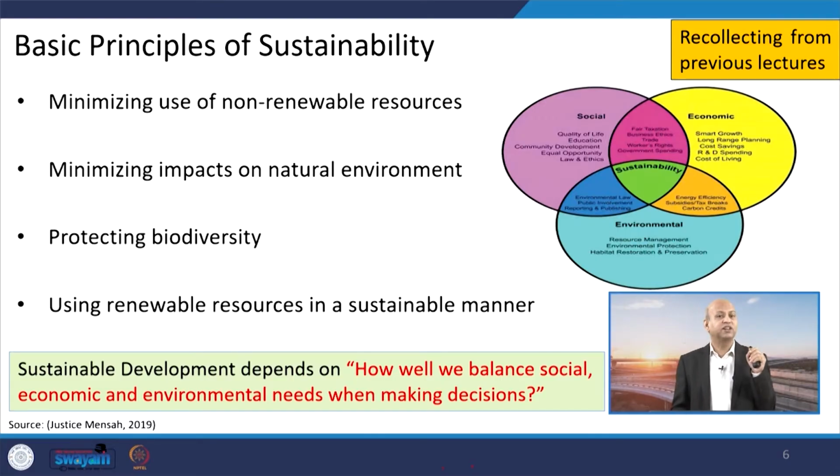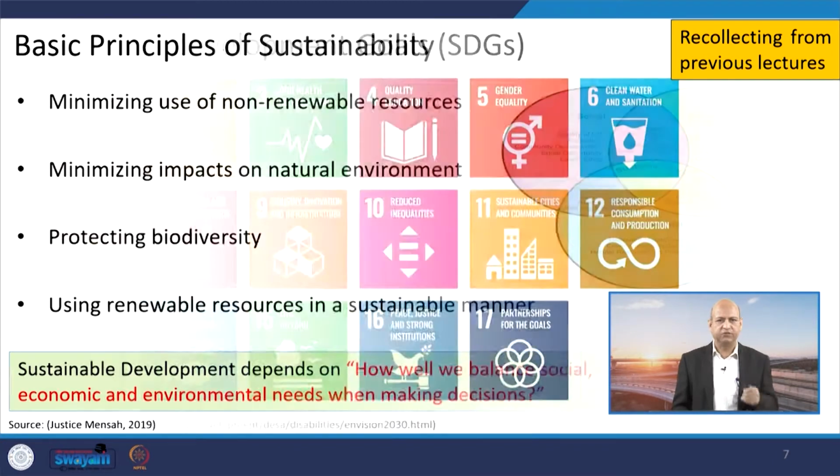Then we need to protect biodiversity. We also want to enhance renewable resource usage in a sustainable manner. So, sustainable development depends on how well we can balance social, economic and environmental needs when making decisions regarding any anthropogenic project or activity.